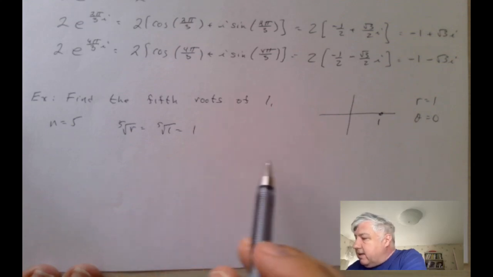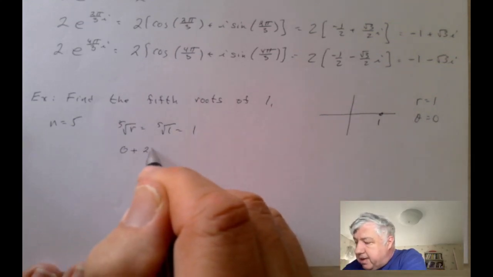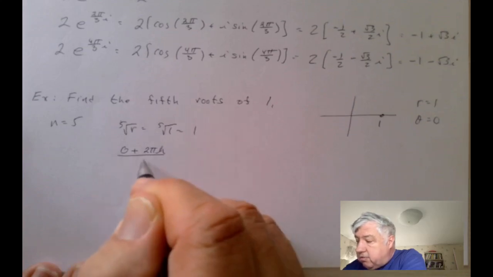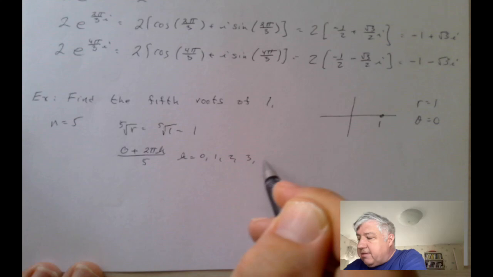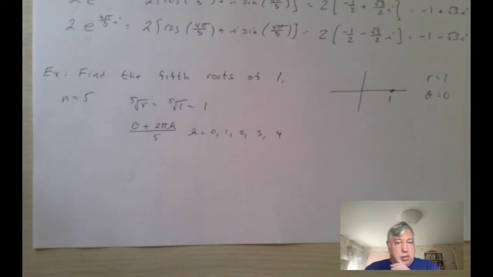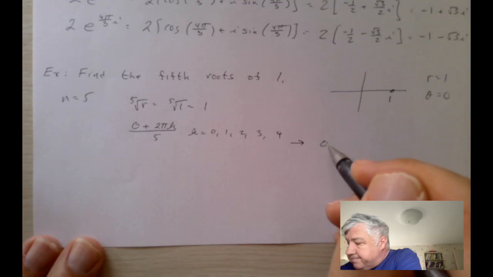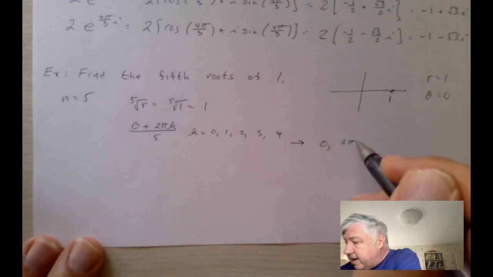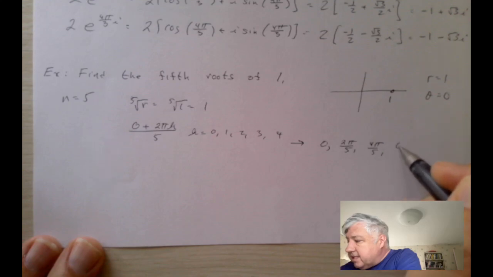And theta is 0, so we take 0 plus 2 pi k all over 5, where k equals 0, 1, 2, 3, and 4. Those give us the angles 0, 2 pi over 5, 4 pi over 5, 6 pi over 5, and 8 pi over 5.